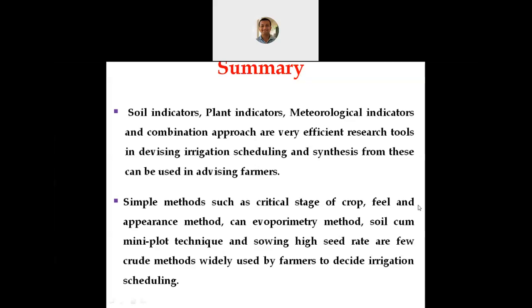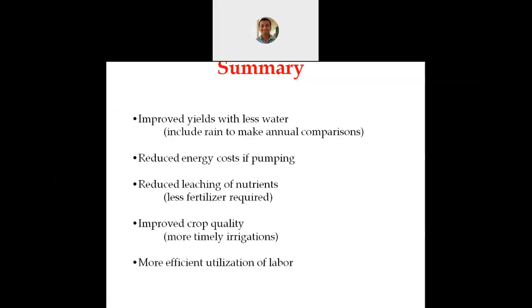Some of the simple methods like critical crop growth stage, field and appearance method, the evaporimetry method, soil cum sand mini plot technique, or sowing high seed rate are very easy to set up in a farmer's field and provide advisory, but this won't give the actual figure or the actual water savings. So if we want to get the actual water savings, we need to do soil water budgeting so that we can specifically determine when there is need to irrigate and also how much irrigation we need to apply per irrigation.